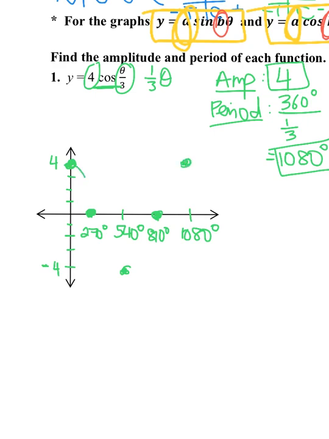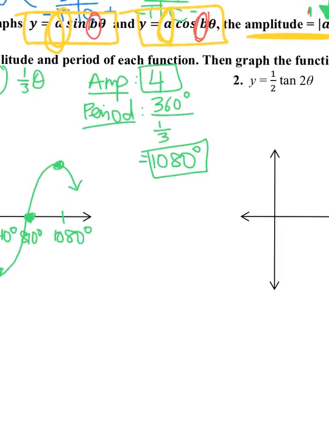And then just connect that with that wave shape. All right, and that's the sketch of your graph. And remember, it does keep on going, so I like to show with arrows that it'll keep on going outside of that one period. Okay? All right, let me show you one more, number 2.